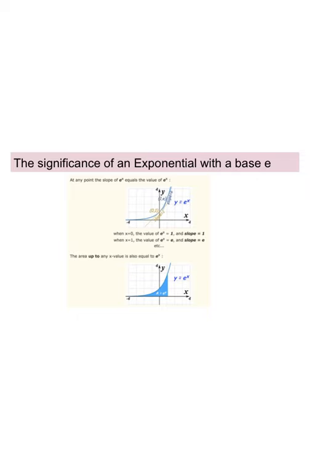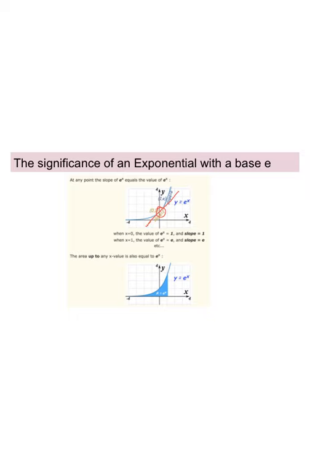So if we have a look at this point where this function crosses over the y-axis, and that's when x equals 0 and y equals 1, if we're going to look at the slope of this tangent that meets the curve right there, it has a gradient of 1. Now that's fairly significant, that when x equals 0, this has a slope of 1.